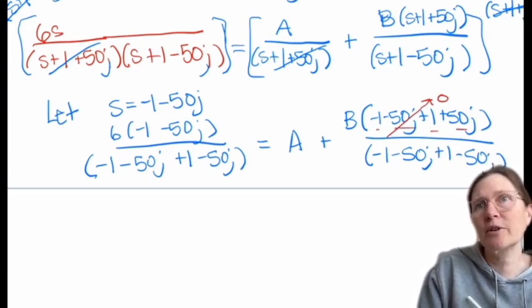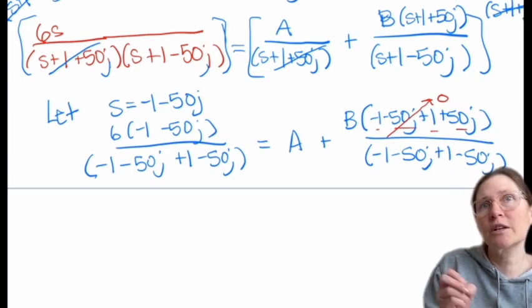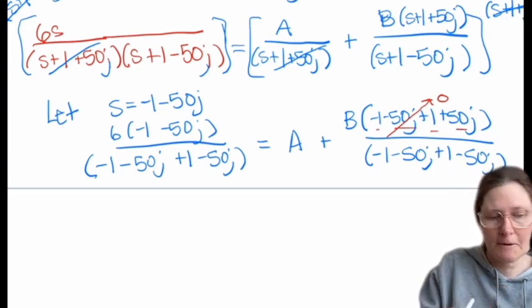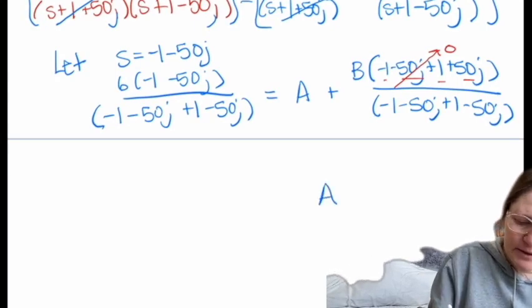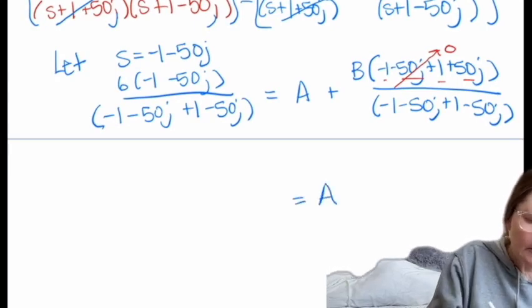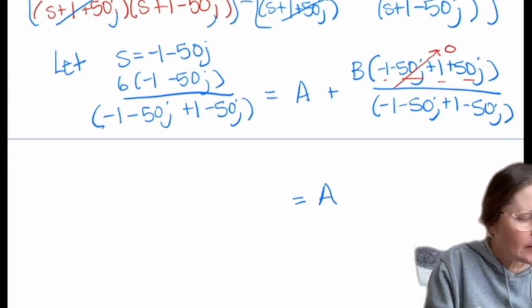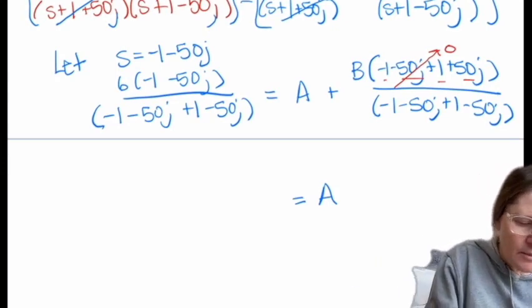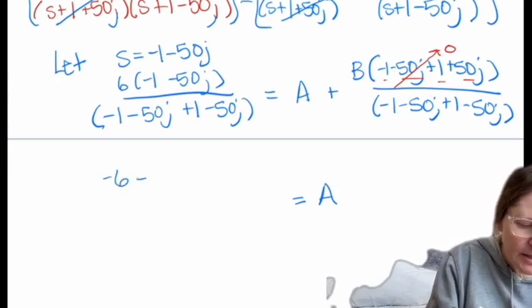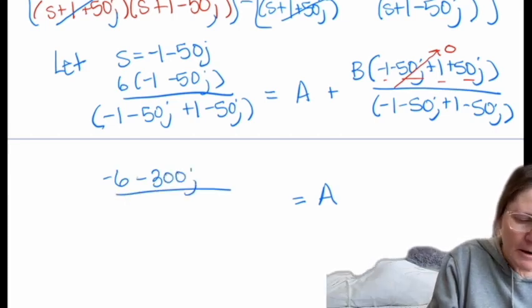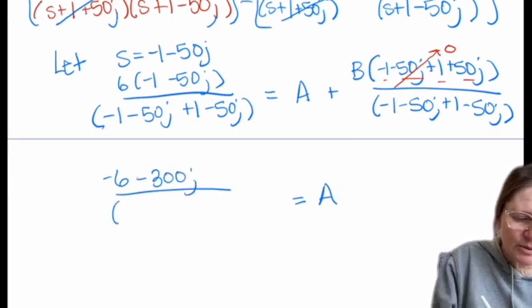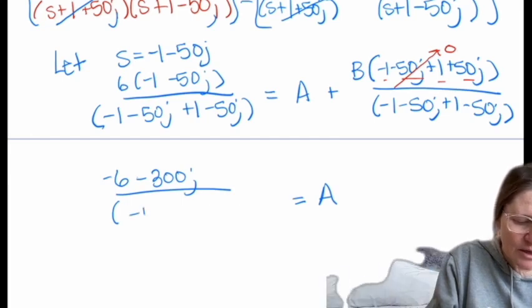So A is just going to equal the left side. That gives A equal to minus 6 minus 300j all over, the minus 1 and the plus 1 cancel, so minus 100j.